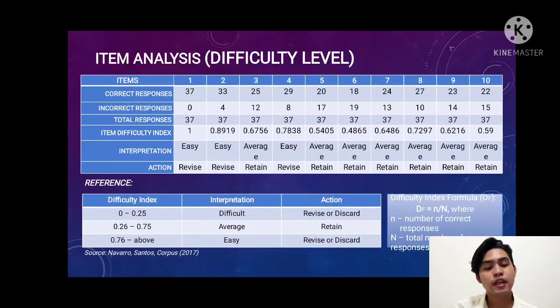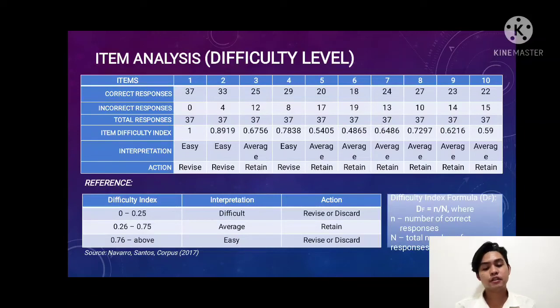In the next table, we will see the item analysis difficulty level. In the first row, we can see the items from 1 to 10, and the first column contains correct responses or correct answers of the respondents, incorrect responses or wrong answers of the respondents.